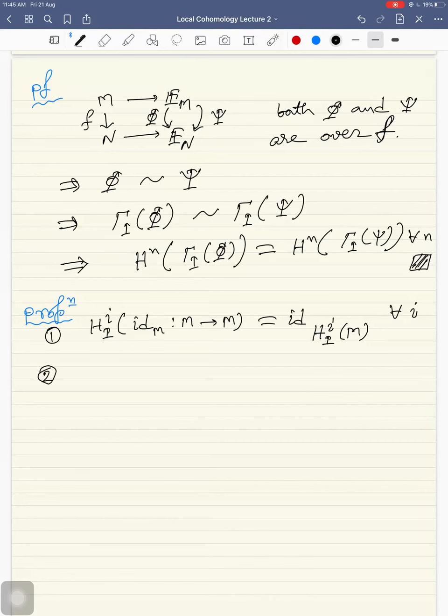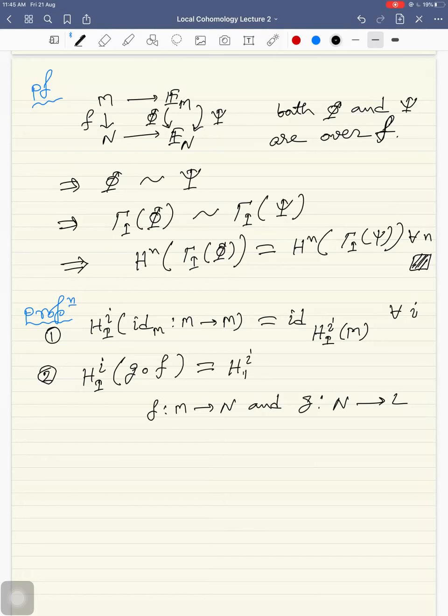Second one, it says that you consider two morphisms. One is F, let's say F is from M to N, and G is from N to L, and then you can take their composition. After applying that local cohomology functor on this composition, you will get this one. So that means it preserves the composition law. This is again for all i.